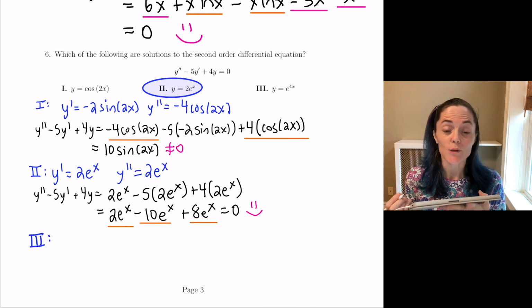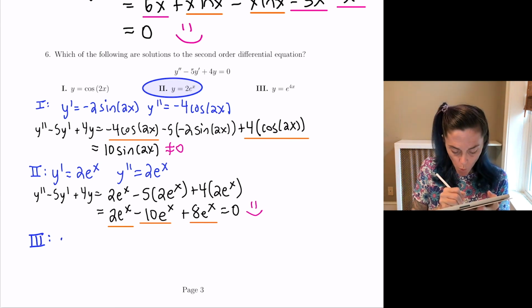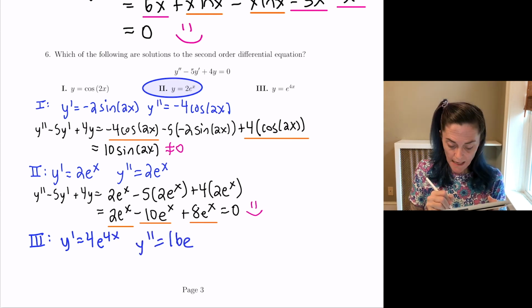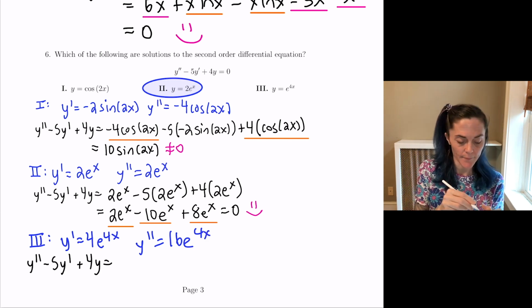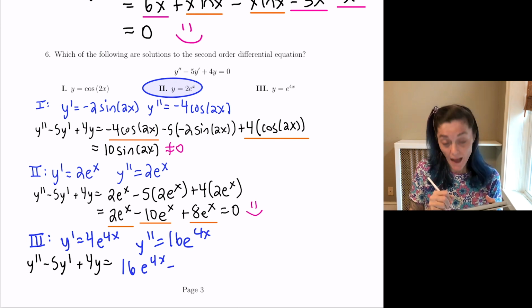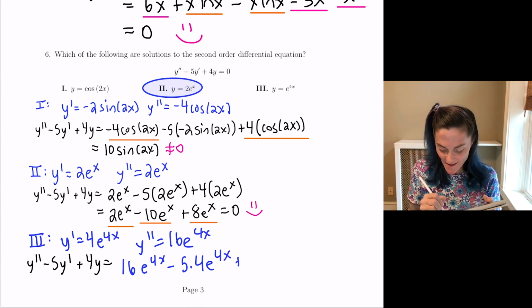I just made that work a little smaller to give me space for number 3. Well, y prime, we have 4e to the 4x. Y double prime, we have 16e to the 4x. Now I can jump into my differential equation. Well, I'm going to have 16e to the 4x minus 5 times 4e to the 4x, and then we have plus 4e to the 4x.